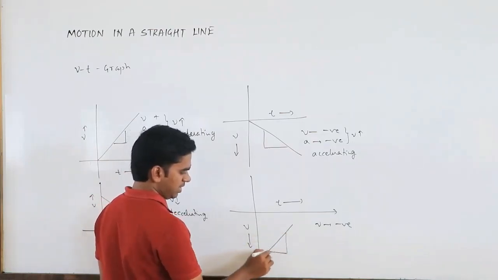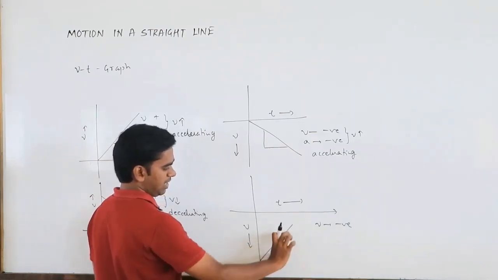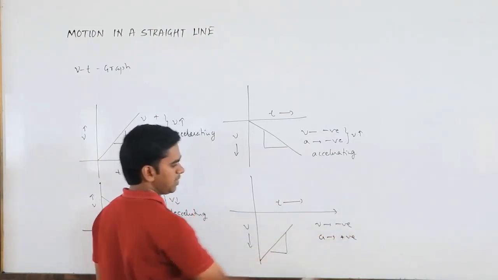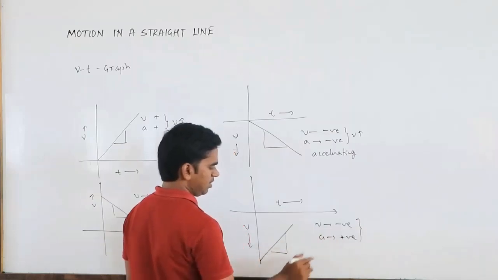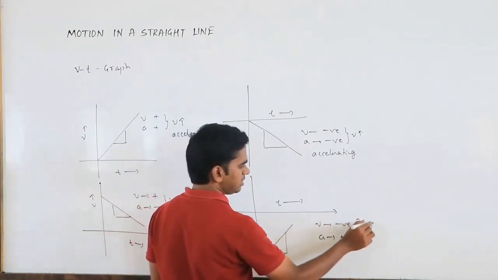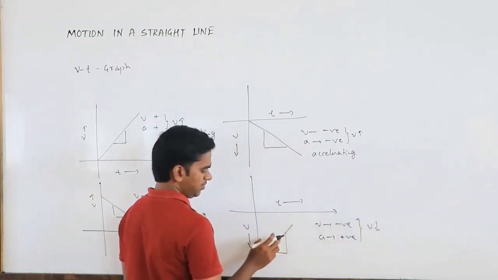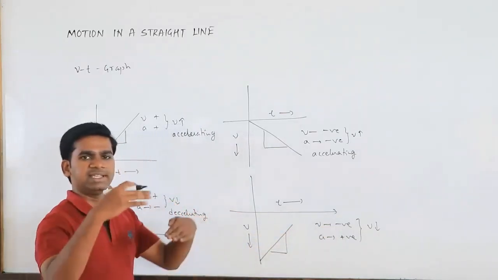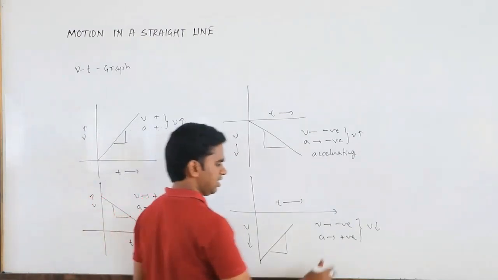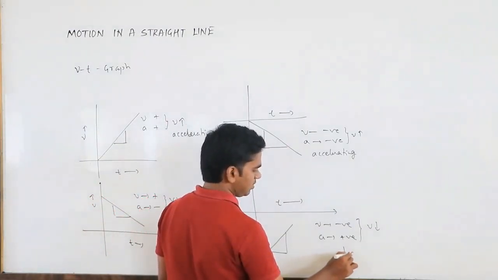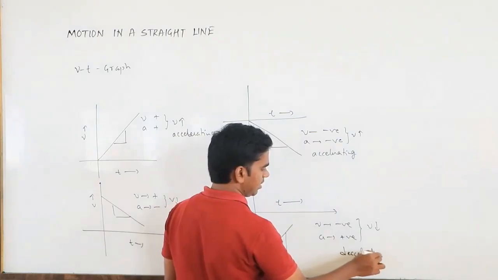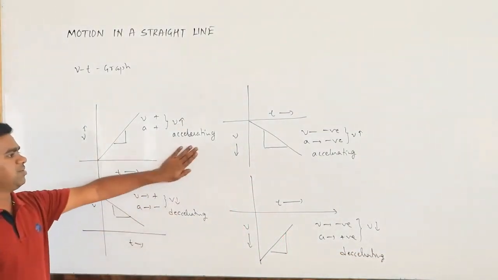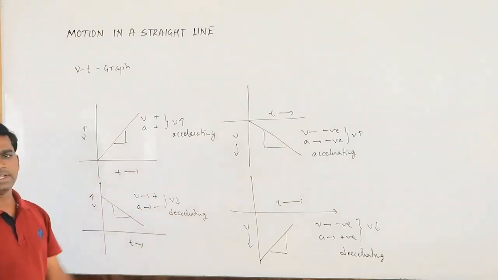If you take the slope here, acceleration is going to be positive. So here the signs are opposite. From the graph velocity is decreasing, of course, but it is not going to accelerate, because velocity and acceleration are of different signs. So the body is de-accelerating. From the graph you can understand when a body is accelerating and when it is de-accelerating.